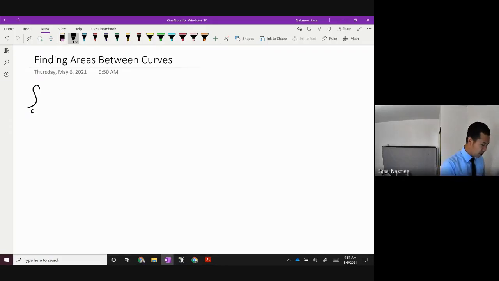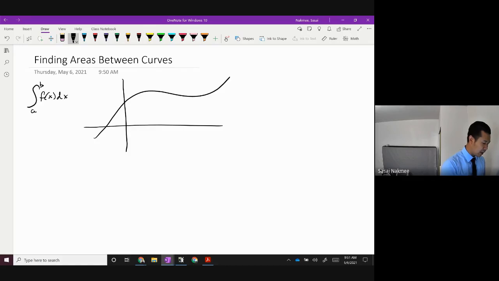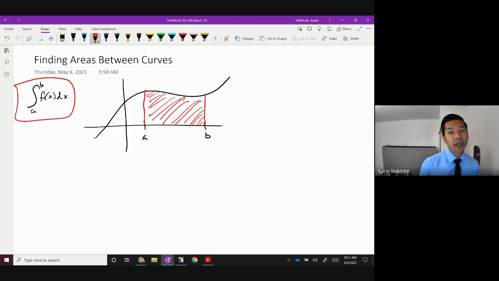If we do the integral from a to b of f of x dx, graphically, if f of x looks something like this, and a is here and b is here, all this integral shows is this area underneath the curve. That's all an integral does. It finds the area underneath the curve for you. And if it was on the bottom side, it would just be a negative area, which we talked about.